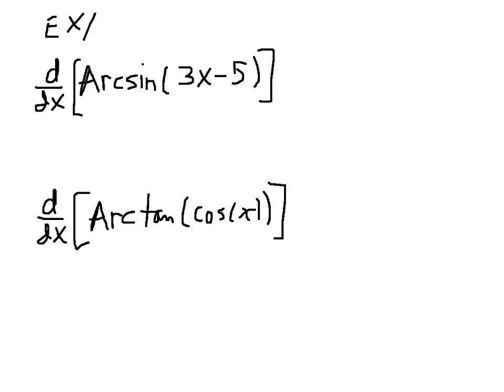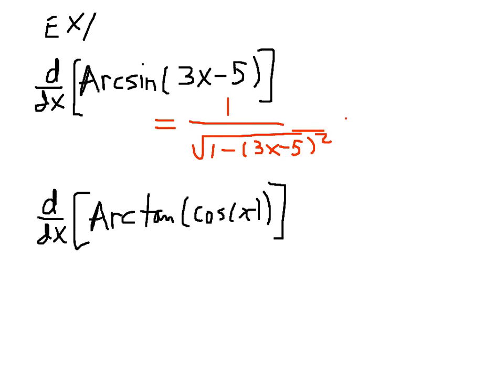Alright, so these are 2 examples that should help you see how to find these derivatives. So for the first one, we're looking for the derivative of arc sine of 3x minus 5. So again, this is an application of the chain rule, and we'll see that the derivative of arc sine of something is 1 over the square root of 1 minus that thing squared.